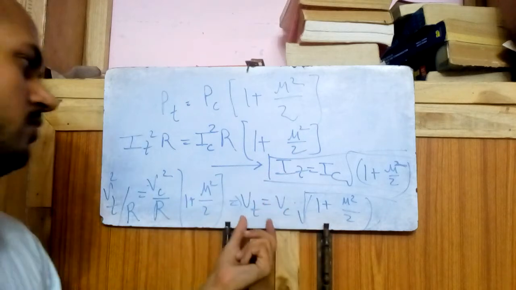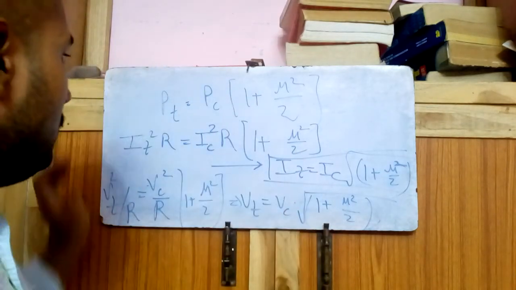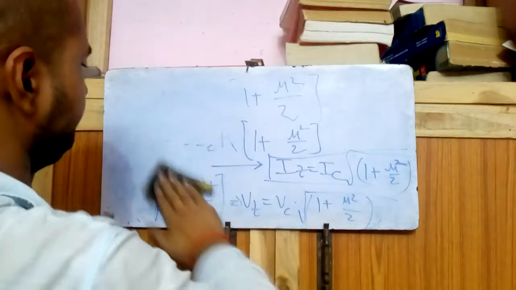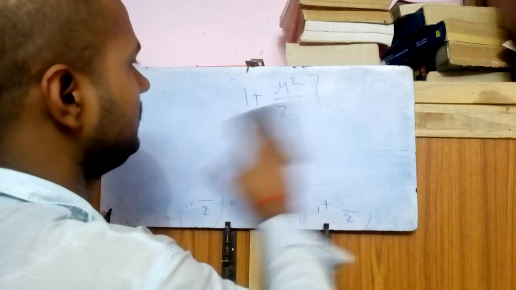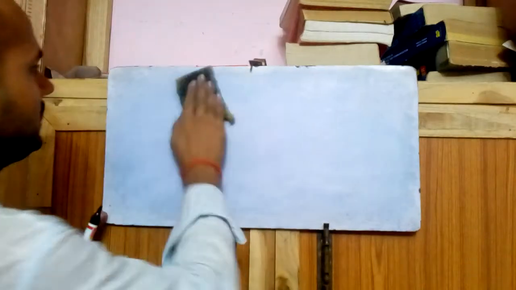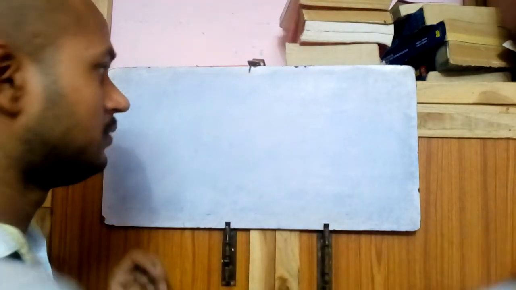So this is the relation of transmitter voltage and carrier voltage. These formulas are sometimes used in numerical or objective questions. Now we will see multitone modulation.